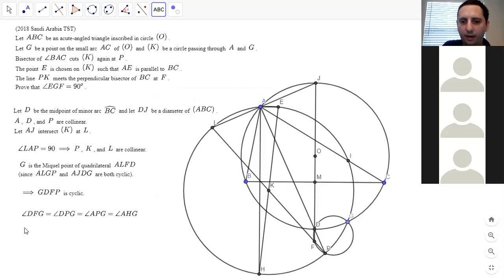Well, first we want to use AH is parallel to DJ, but that's obvious. That's kind of by definition.